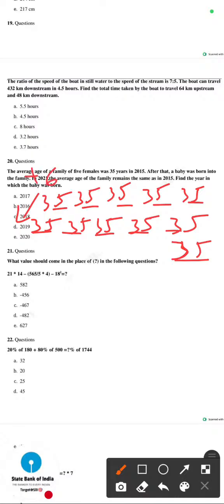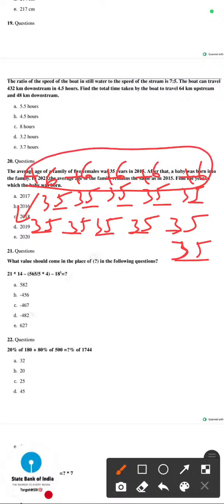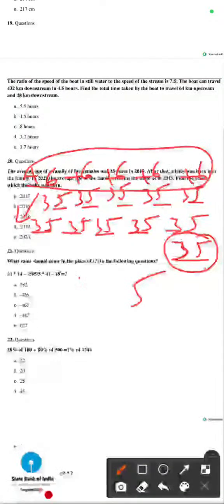For this one plus 6, this also plus 6, this also plus 6, plus 6, plus 6. A total of 30 is increased for the first 5 people. That 30 comes here. This is the baby. We have 30 and an extra 5 is the age of the baby. So the baby is 5 years.